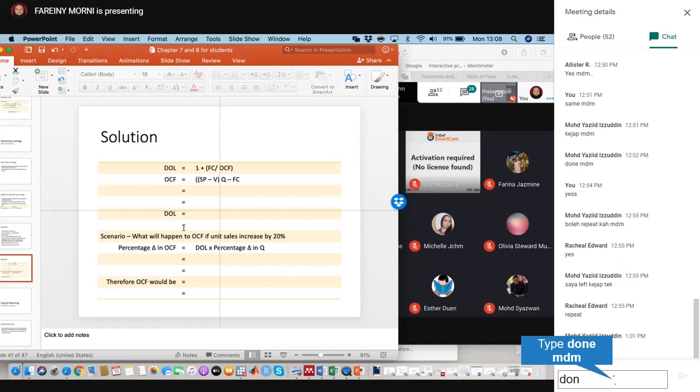Which is 40,000 minus 20,000 times Q minus 500,000, times 1 minus tax, plus 700,000 times 30%. Alright, so you should get 94. So far so good. So if you are not sure, try to fill in the numbers first, and then check your answers again with Madam's answers.